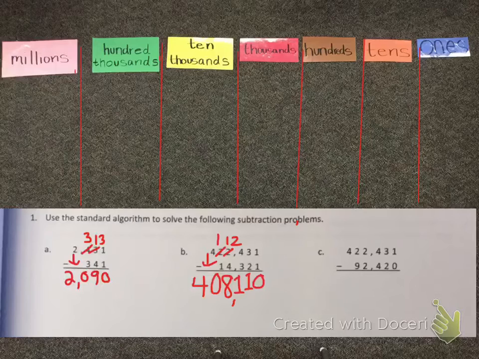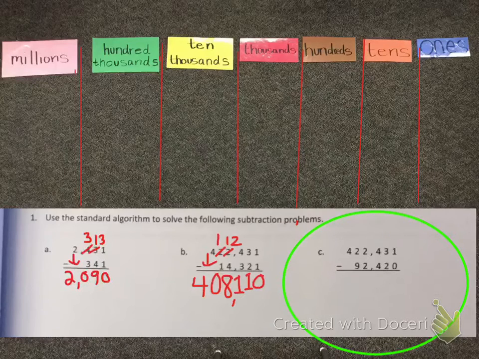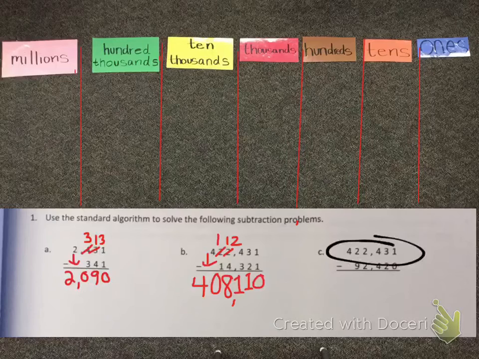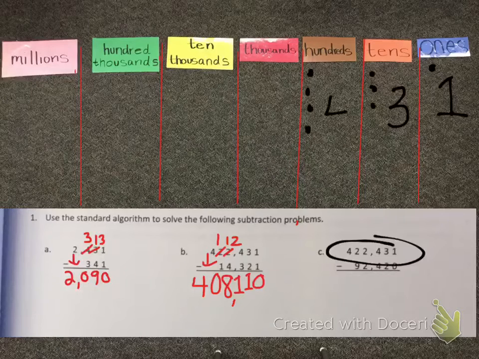All right, so last one, I am going to be working on C here, 422,431 subtract 92,420. So, like I said before, I'm going to circle 422,431. Let's make 1 dot in the ones place, 3 tenths, 4 hundredths. I don't like how my 1 is, sorry, it's just really frustrating to me.